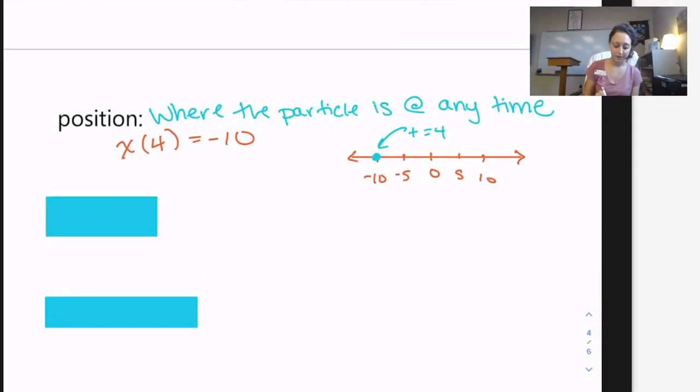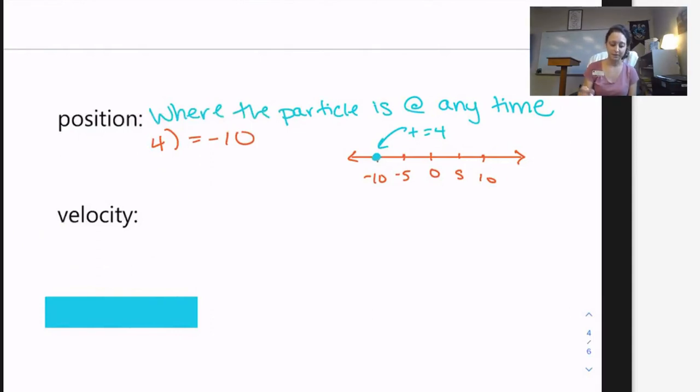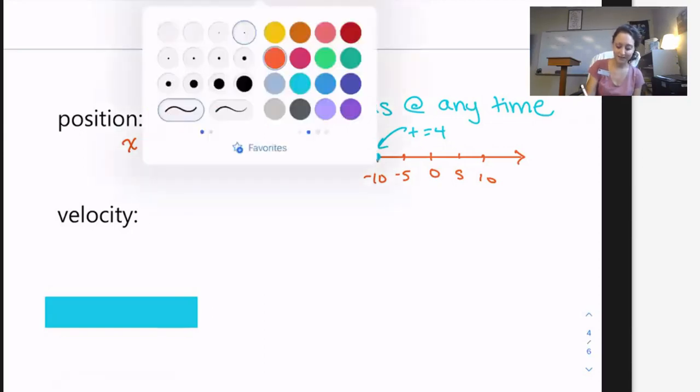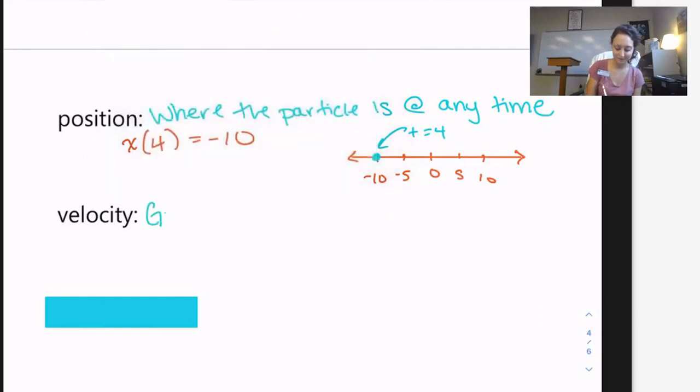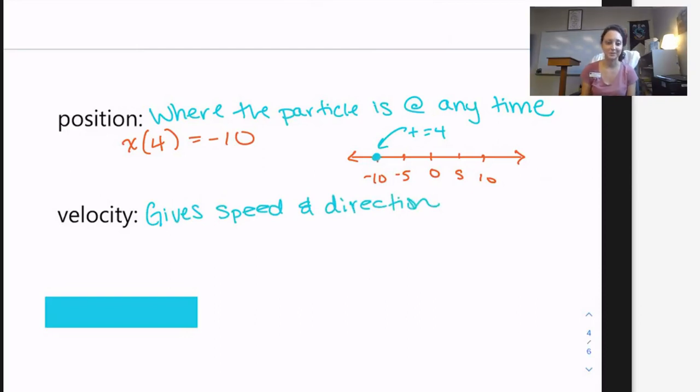Okay, all right. So now can you write velocity in your notes for me? So for velocity, and again, my physics people will know this, this gives speed and direction. So let's write that. Again, at any time t, okay?